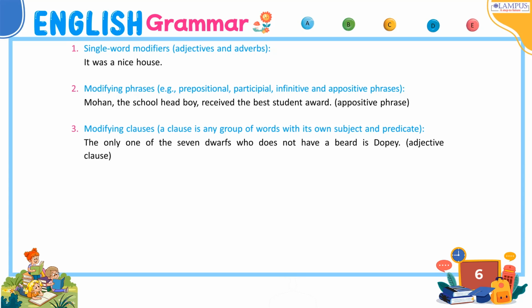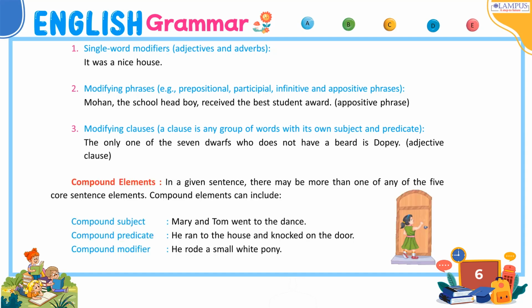Modifying phrases, e.g., prepositional, participial, infinitive and appositive phrases. Mohan, the school head boy, received the Best Student Award. Appositive phrase. 3. Modifying clauses. A clause is any group of words with its own subject and predicate. The only one of the 7 dwarfs who does not have a beard is Dopey. Adjective clause.